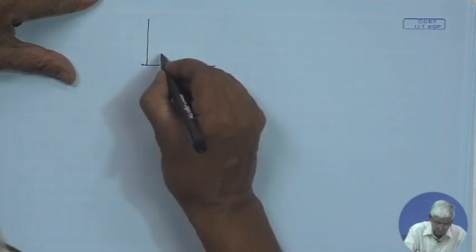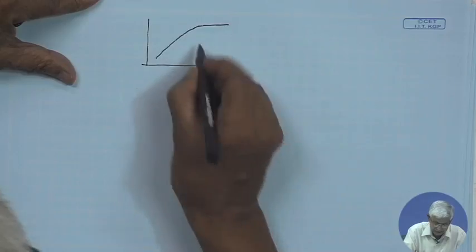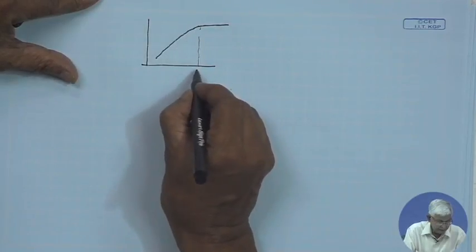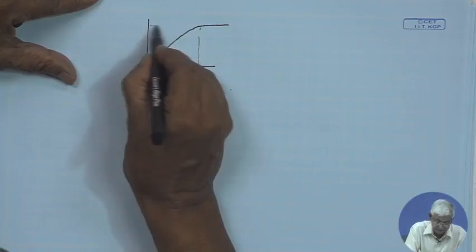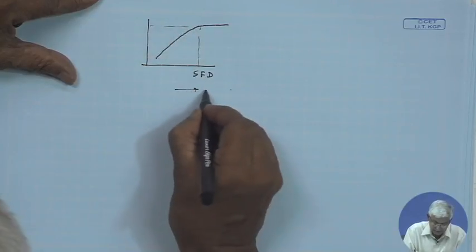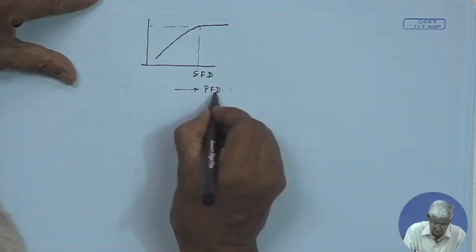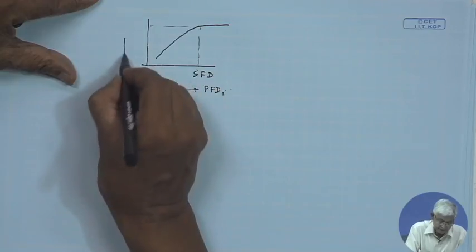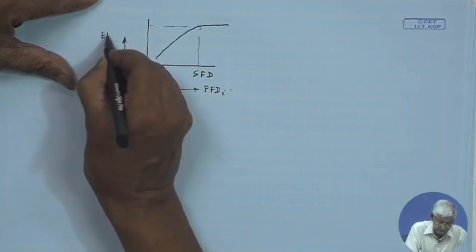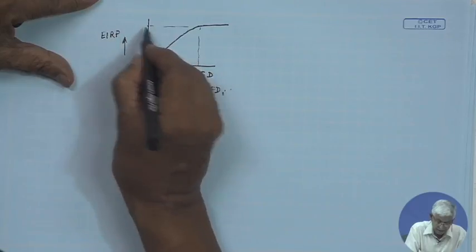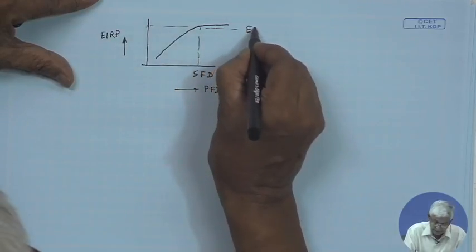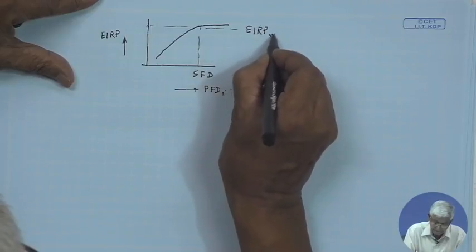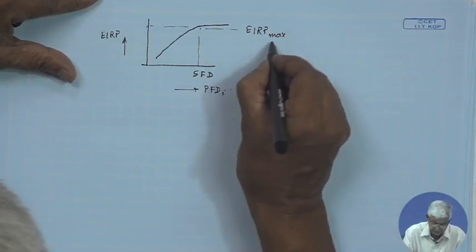Let us recollect. This was our transponder characteristic and this was our SFD, saturation power flux density. This axis is power flux density and this side we take EIRP, EIRP max or EIRP saturation.